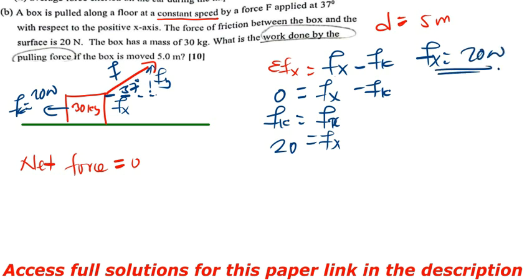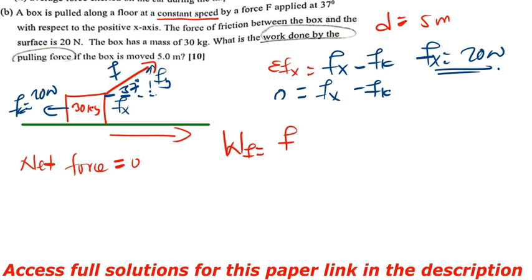Now, after finding Fx, because I'm interested in Fx since the question is asking us to find the work done by the pulling force. The work done by the force is the force itself, but which component of the force? The force and the distance, which is 5 meters, should be parallel, not perpendicular.